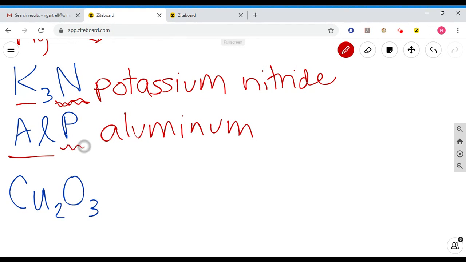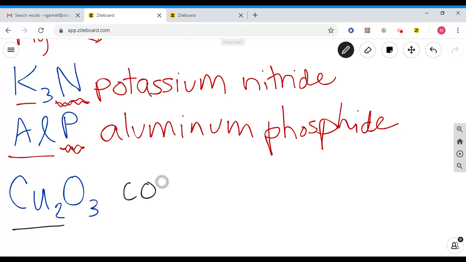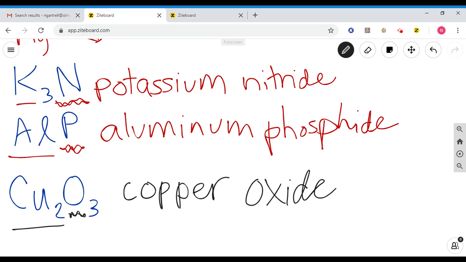And then phosphorus becomes phosphide. And then for this one, don't let the subscripts distract you. Cu is copper, and O is oxide. So copper oxide. Good job.